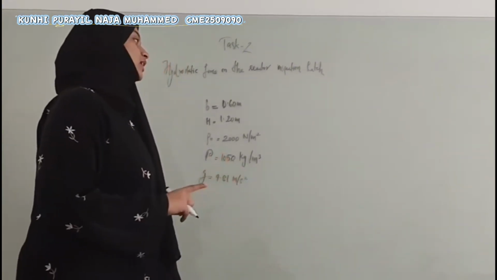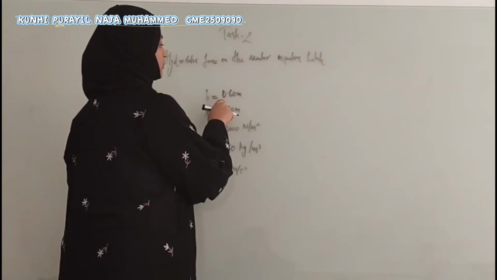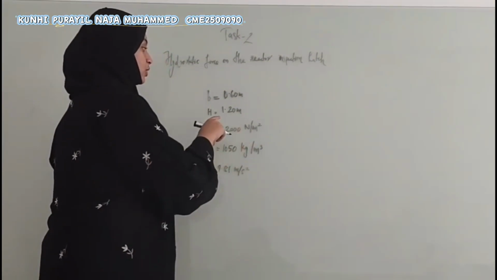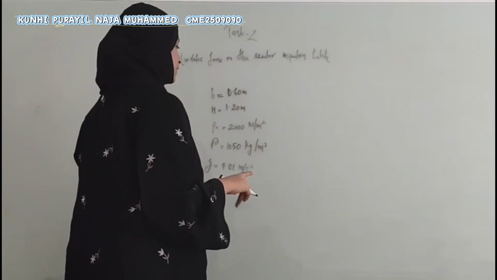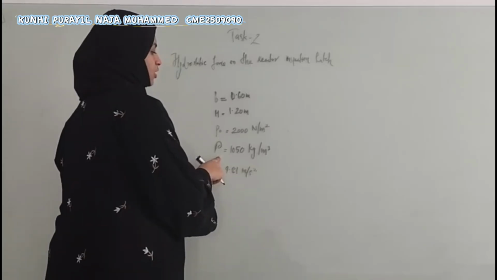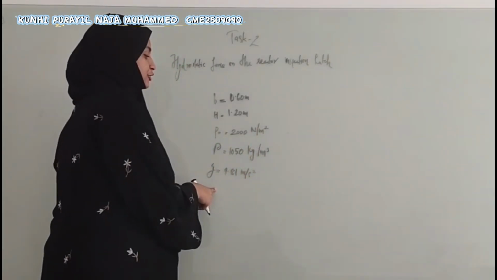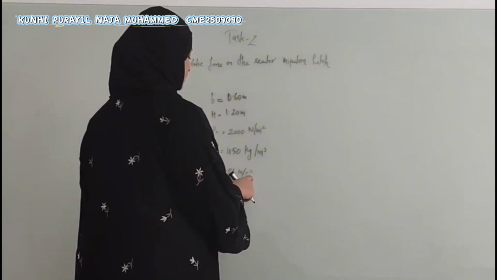We can look at the given data here. The width of the hatch is equal to 0.60 meters, the height of the hatch is equal to 1.20 meters, P0 is 2000 Newton per meter squared, the density is 1015 kilogram per meter cubed, and the acceleration due to gravity is 9.81 meter per second squared.